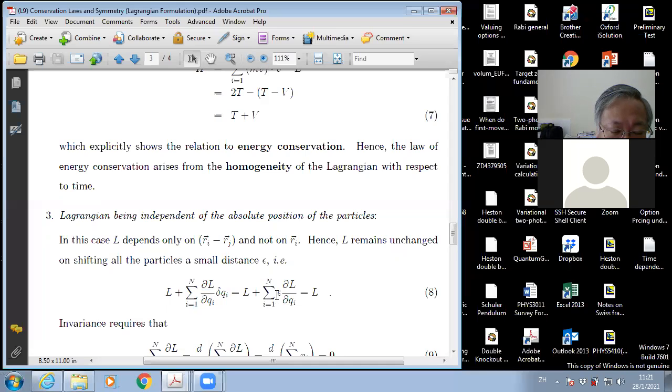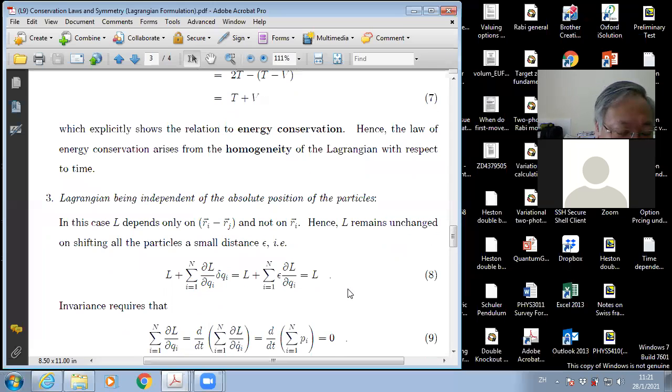Now, here we say that the Lagrangian is independent of the absolute position of the particles. In other words, the shifting or the infinitesimal translation will not change the value of the Lagrangian, right? Because the relative distance remains the same.